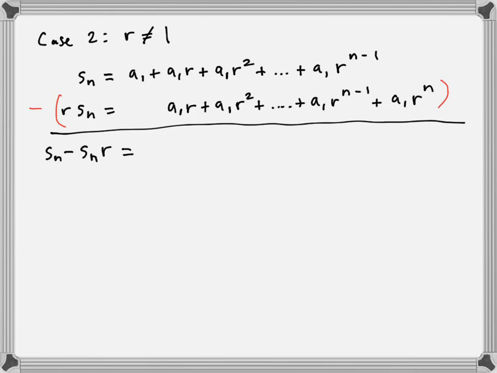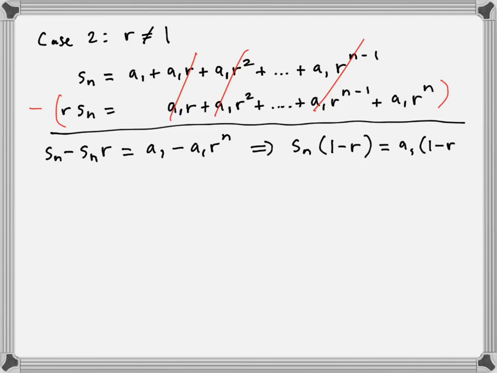And on the right, when you subtract, everything goes away except for the first term and the last term. You end up with a1 minus a1 r to the n. So the left side, I can factor the Sn out and I'm left with 1 minus r. And on the right side, I can factor the a1 out, and I have left 1 minus r to the n.